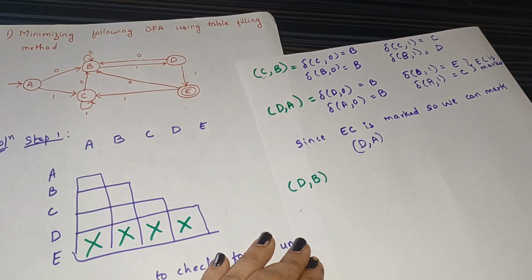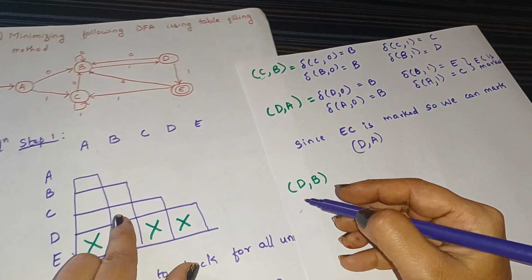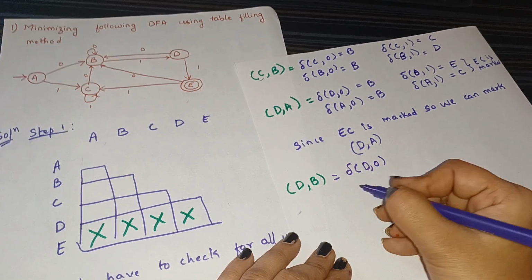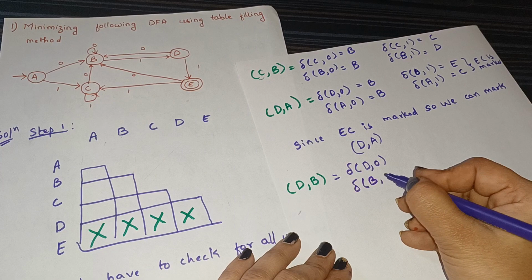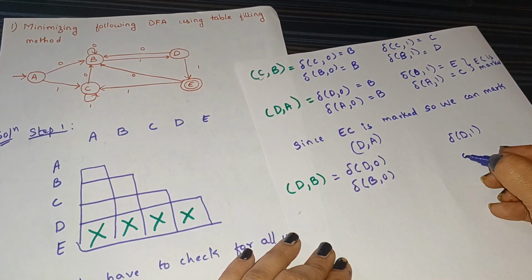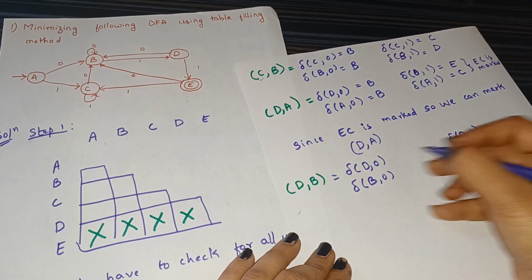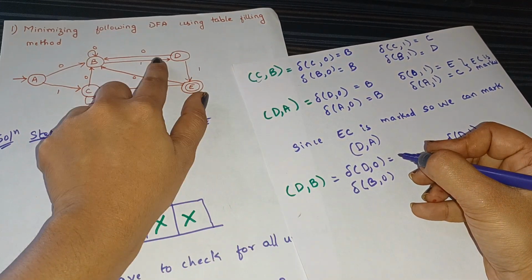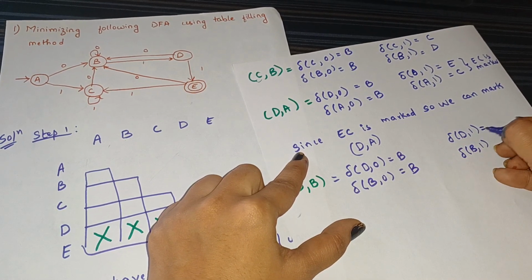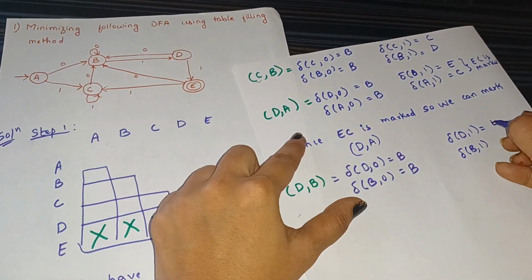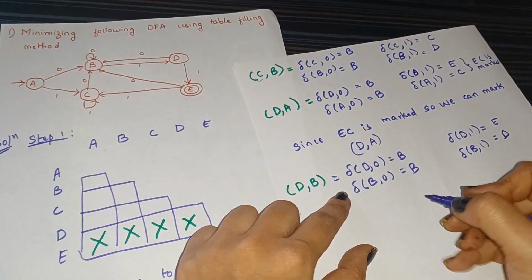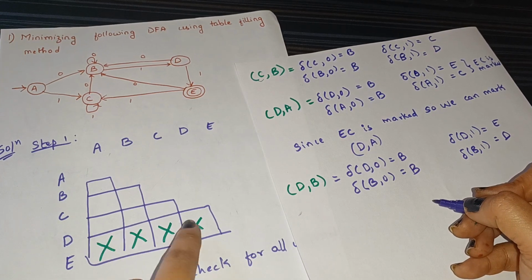So next we will be checking for DB. This box is also unmarked, we will check for that. So delta transition of D on 0, delta transition of B on 0, and delta transition of D on 1 and delta transition of B on 1. So D on 0, it is going to B. B on 0, it is going to B. D on 1, it is going to E, and B on 1 it is going to D. We have to check whether ED is marked.